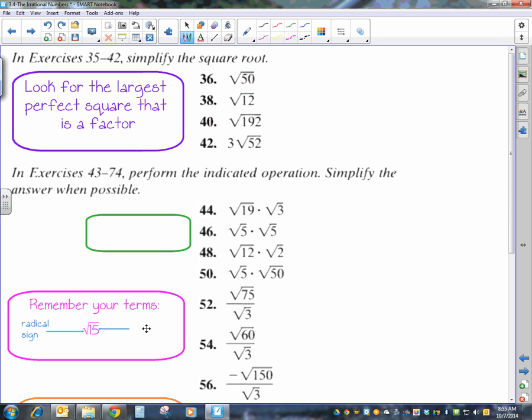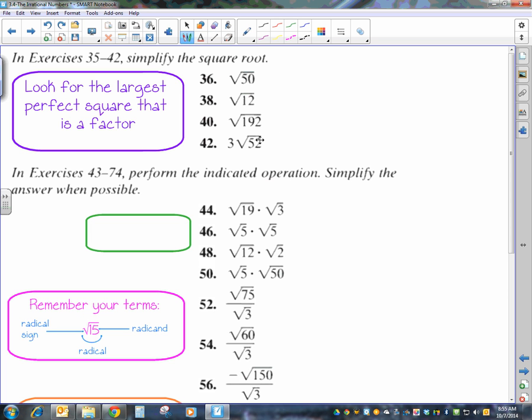What's underneath is called our radicand, and the whole thing is called your radical. So we are simplifying these square roots, or simplifying the radical, and we are looking for the largest perfect square that's a factor of the radicand.